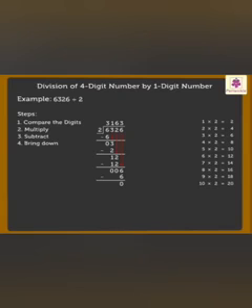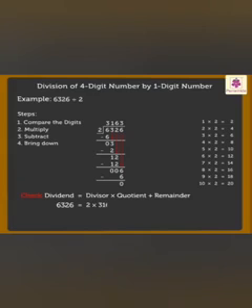Our division is complete and it is time to check our calculations. Dividend is equal to divisor into quotient plus remainder. 6,326 is equal to 2 into 3,163 plus 0.